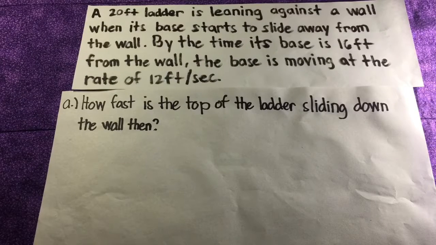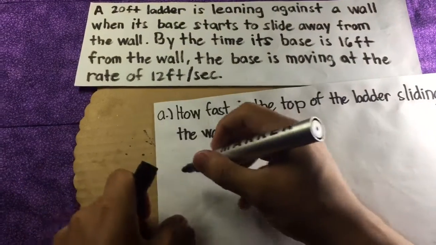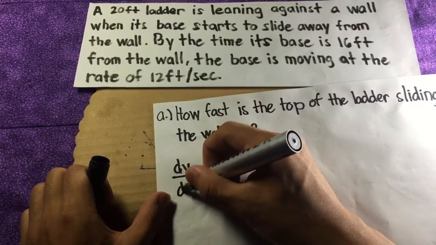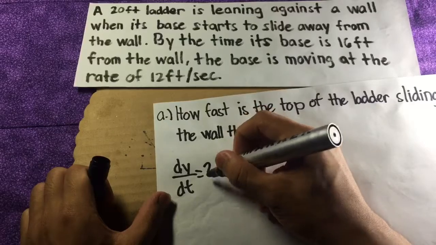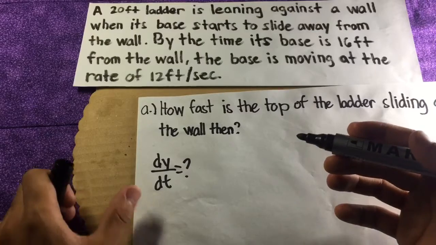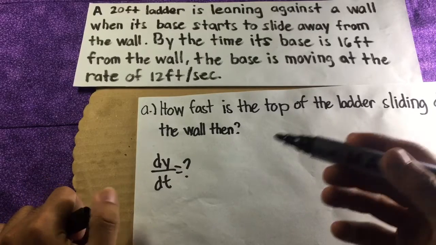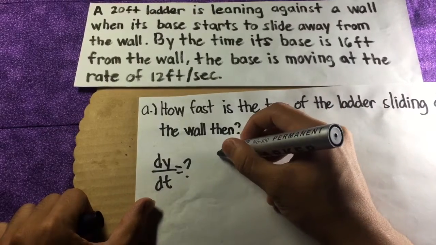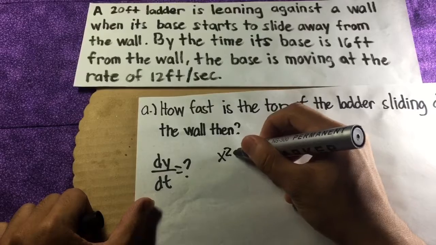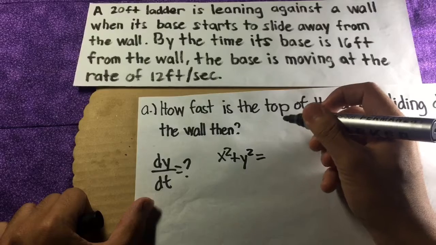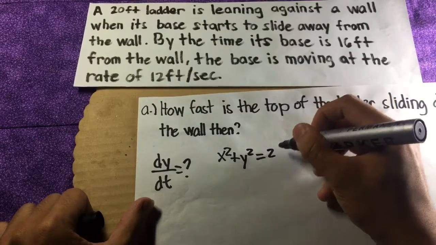In our first question, what we are looking for is our dy over dt. The simple relation between x and y is via the Pythagorean theorem, which is x squared plus y squared is equal to 20 squared.